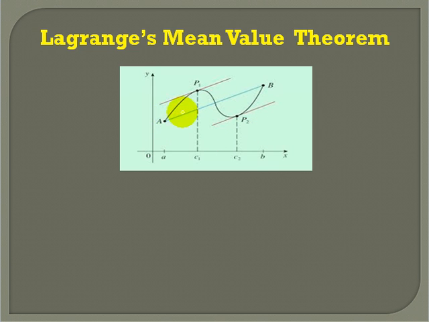If I assume the curve is, say, y equals f(x), when x is a, the value of the function at that point will be f(a). And here x is b, so the value of the function at b is f(b). You can see their heights are not the same, their level is not the same. So obviously f(a) here is not equal to f(b).